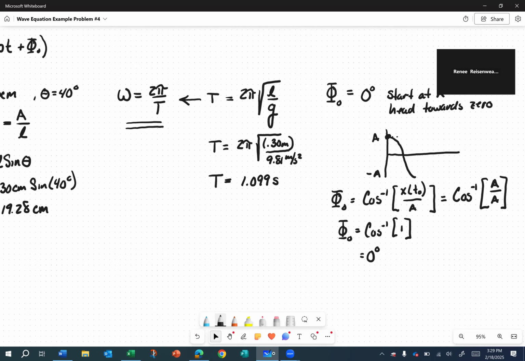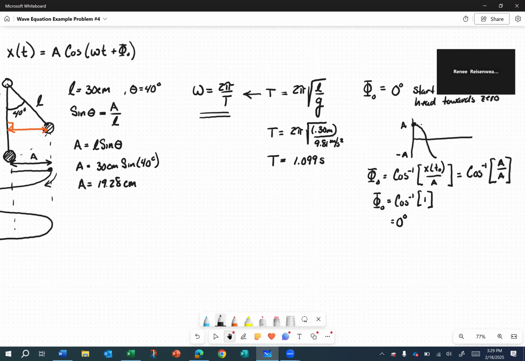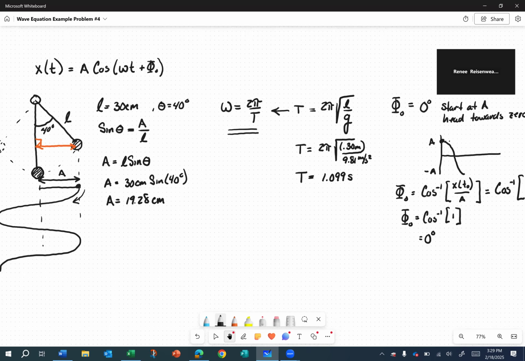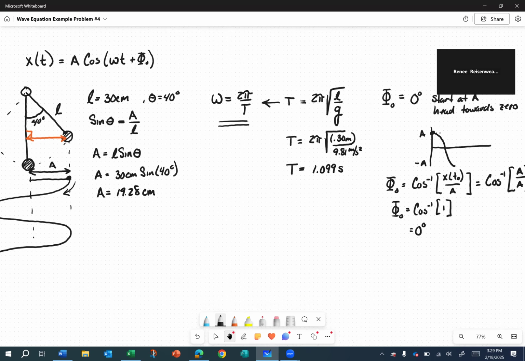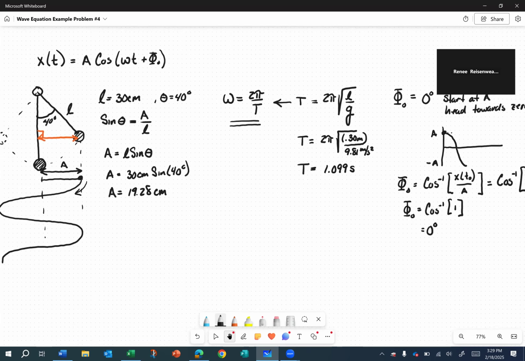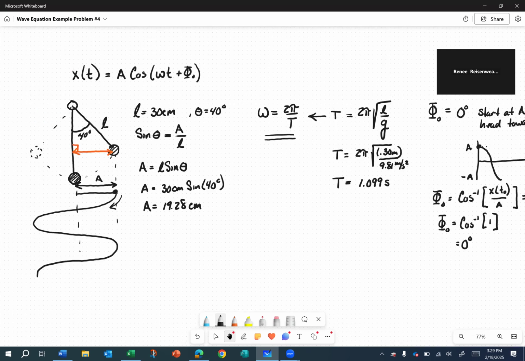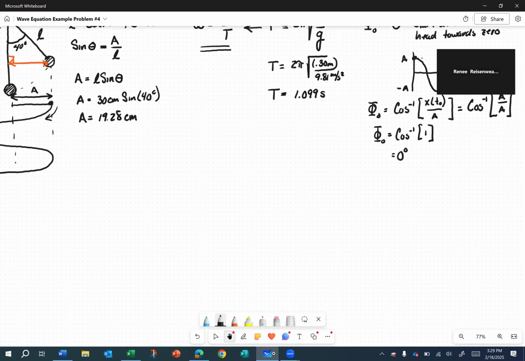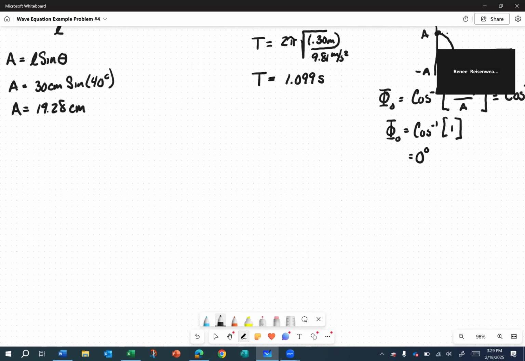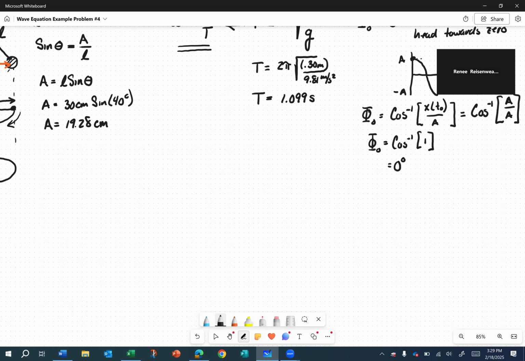So now I have lots of variables to be able to use in my wave equation. I have the period, I have the amplitude, and I have the phase constant. So now I'll be able to just plug in what I was given and what I know and what I want to know to solve for this equation.